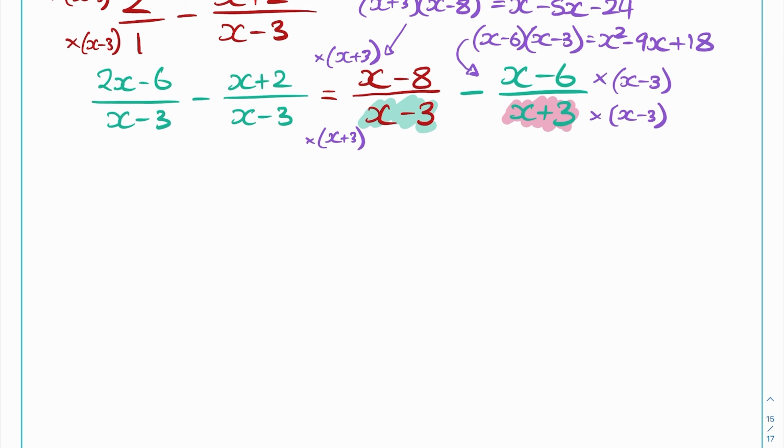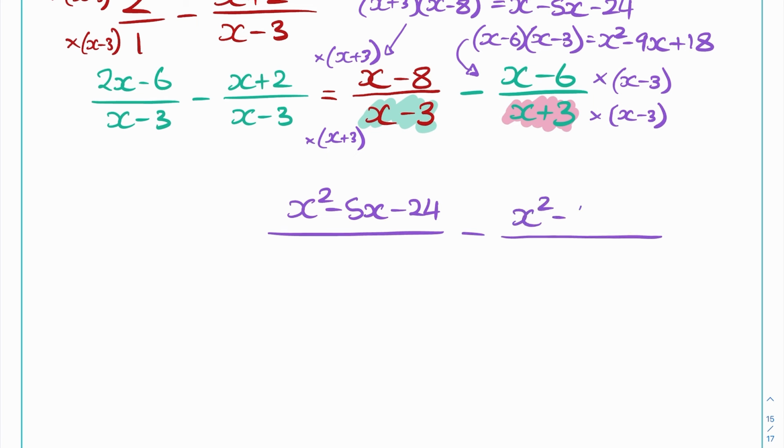So we've got our numerators. That is going to be on the left, x squared minus 5x minus 24, all over the denominator, which we're going to get in a second. And on the right, we have x squared minus 9x plus 18. Now our denominator is going to be a difference of two squares. We've got x minus 3 and x plus 3.